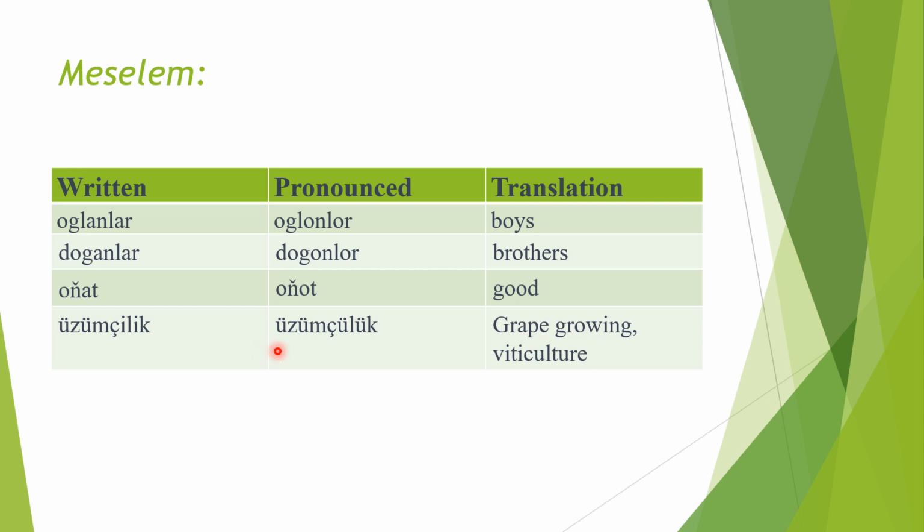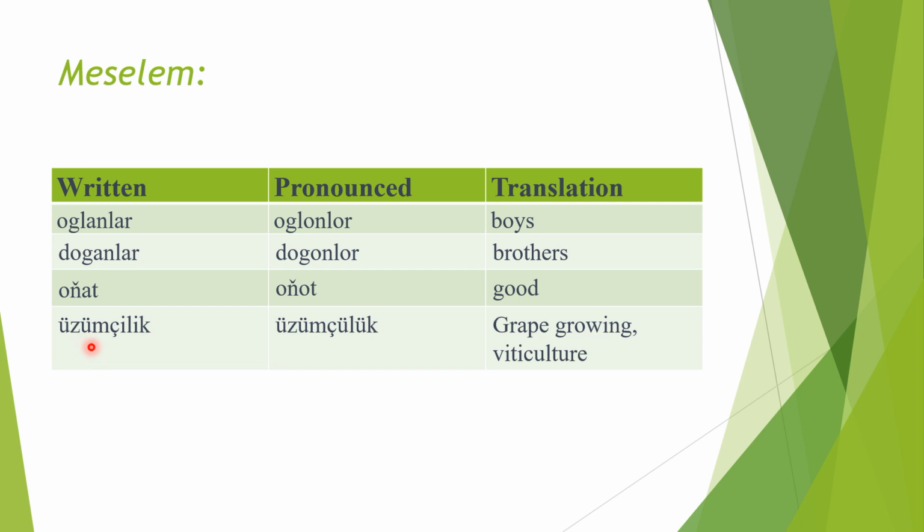We do not say üzümçilik. It's even difficult for us to pronounce it like this, because it's better if we have the round vowels in the first syllable. For us, it's better to make all of the sounds rounded. Rounded means to make our lips rounded.